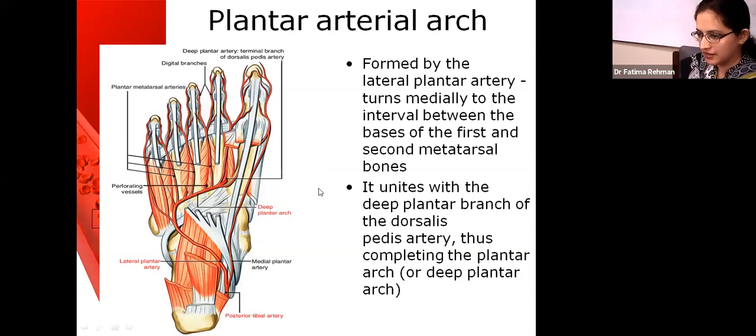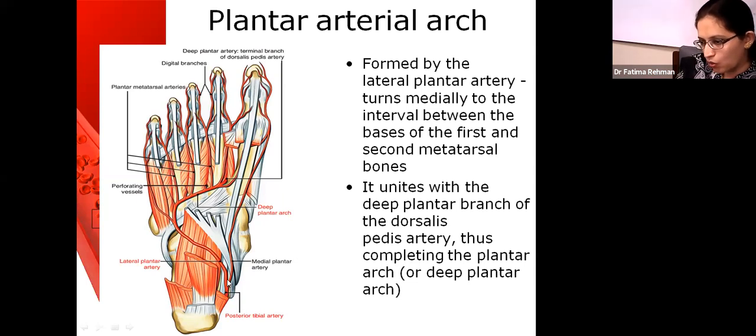As I told you, the posterior tibial artery terminates by dividing into its two terminal divisions. One is called the lateral plantar artery, the other the medial plantar artery. The medial plantar artery does not have an extensive course. Now concentrate on the picture: here, labeled below, is the posterior tibial artery.